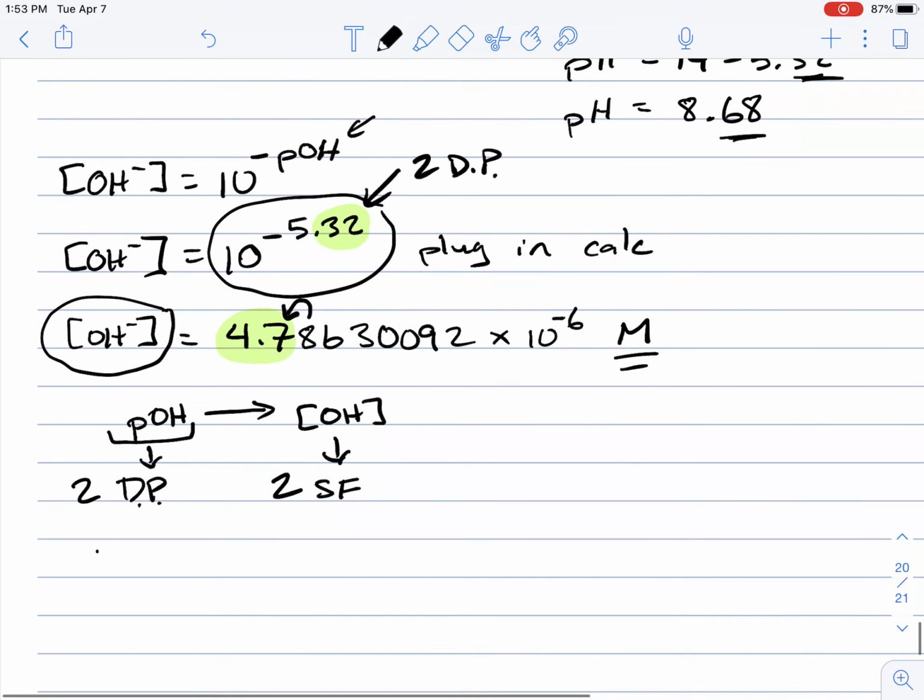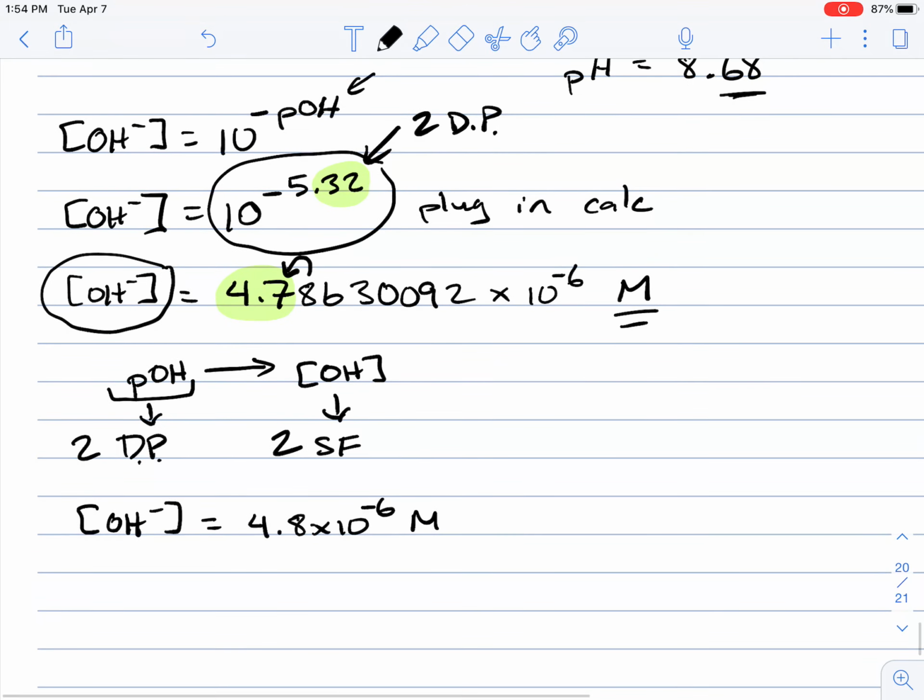And so the concentration of hydroxide is going to equal 4.8 times 10 to the negative 6 molar. Once again, this represents the two significant figures, which reflects the number of significant figures in that pOH. So it's two decimal places.